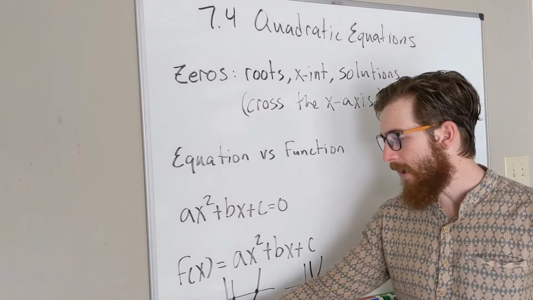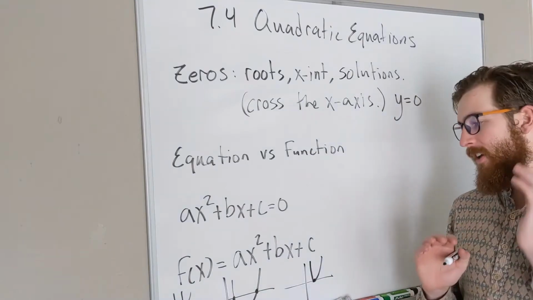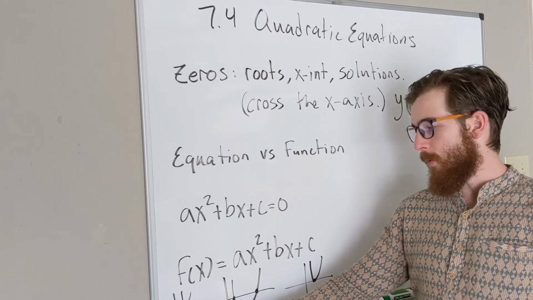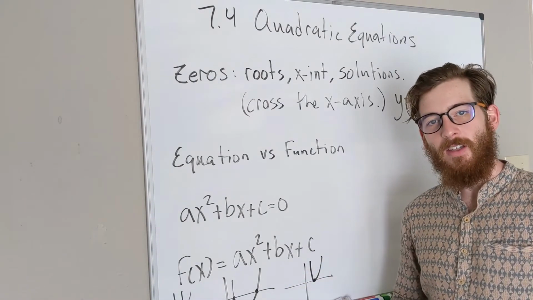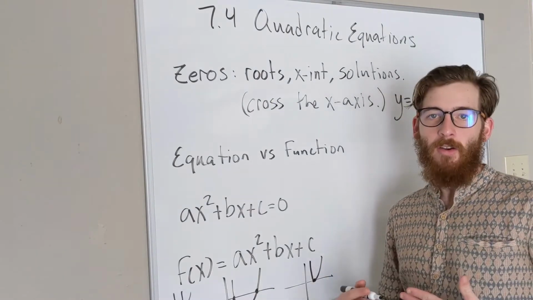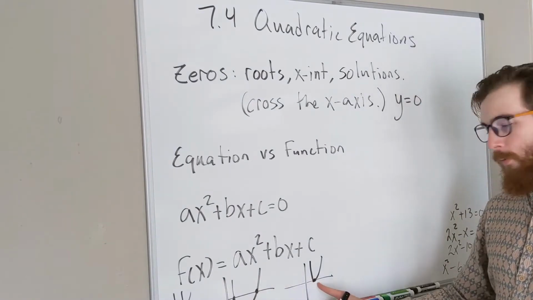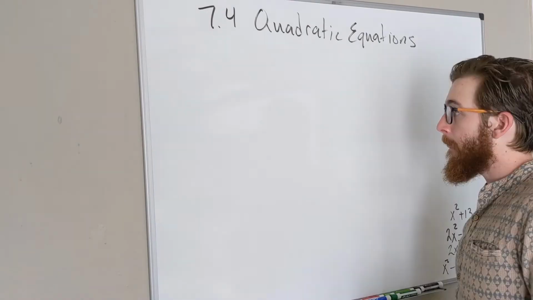And lastly, we have something where there is no touching of the x-axis, and that would give us an example of imaginary roots. So 2 real roots, 1 real root, or 2 imaginary roots.